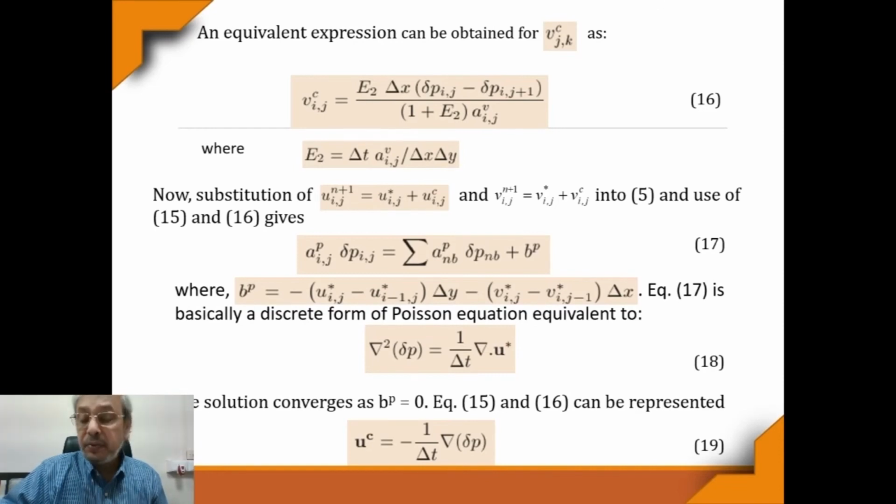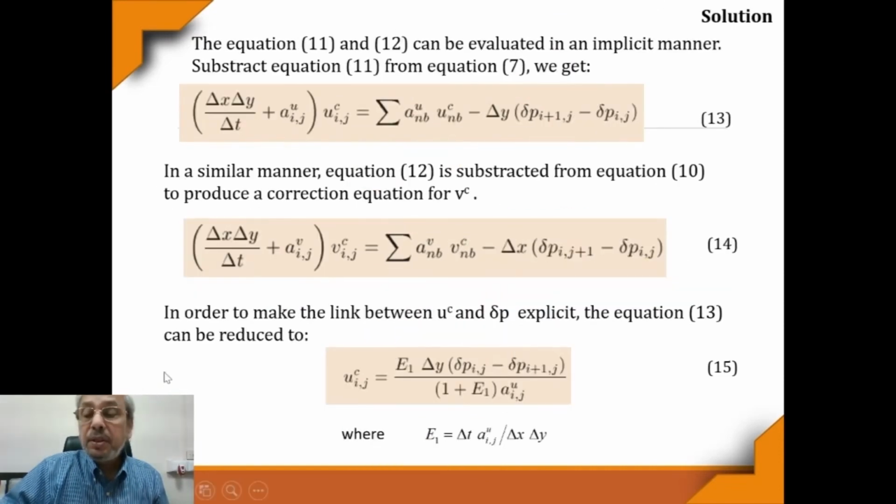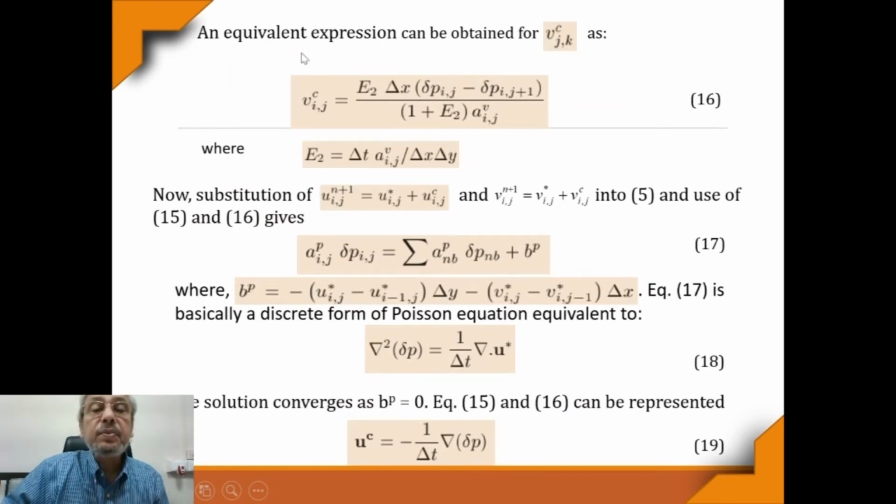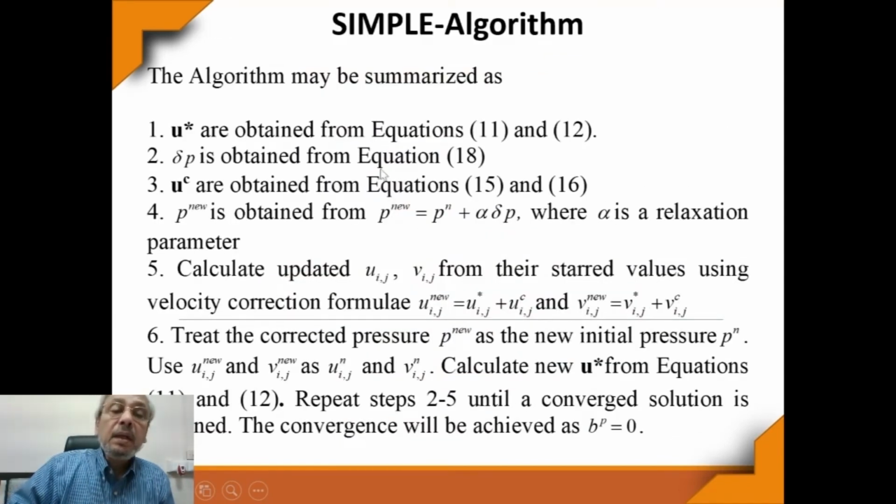As and when delta P is obtained, we can go back to equation 15, the U velocity correction, and equation 16, the V velocity correction. Then they will update the velocity quantities, and P new is obtained as Pn plus alpha into delta P, where alpha is the relaxation parameter. Usually this is under relaxed. We'll have this discussion later.